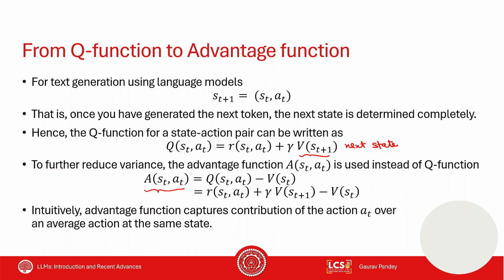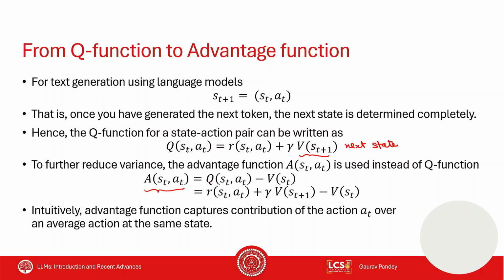The proof that this reduces variance is not included here, but the way you can think of it is that the smaller the numbers you multiply with a gradient, the lower the variance is going to be. These Q values can be pretty high, and the value function removes that contribution.